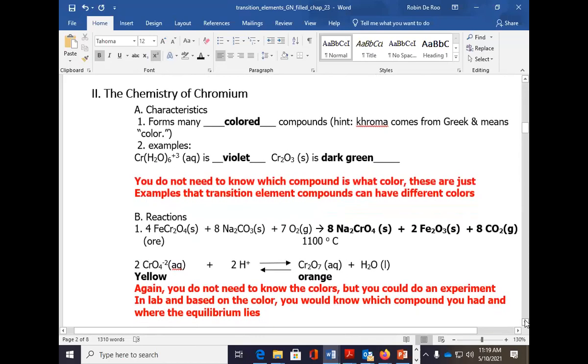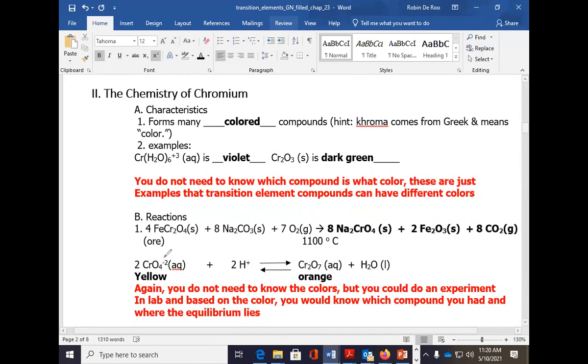This just kind of shows you could do an experiment where you add acid and base and you could see the color change. And so you would know if you had the chromium oxide that's the yellow versus this compound, because you could tell from the colors.